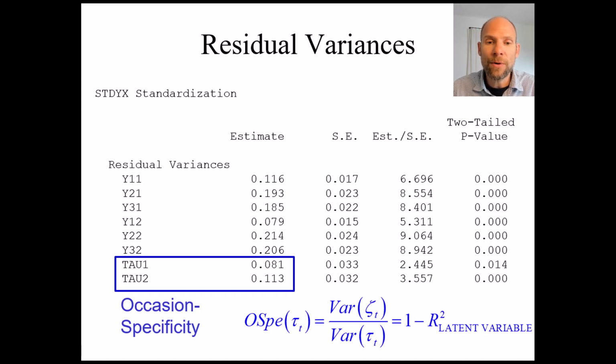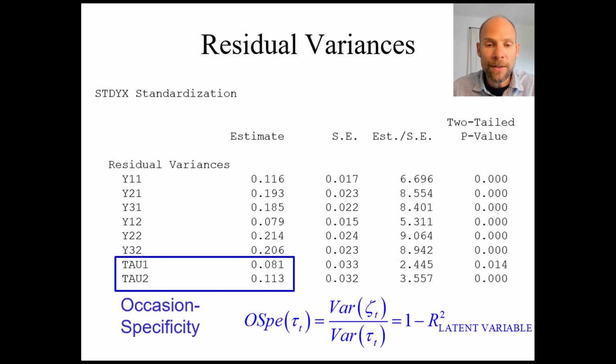So what this means is that 8.1% of the true score variance at time 1 and 11.3% of the true score variance at time 2 was occasion specific variance or situation variance. And so the remaining about 90% of the variance was trait variance.